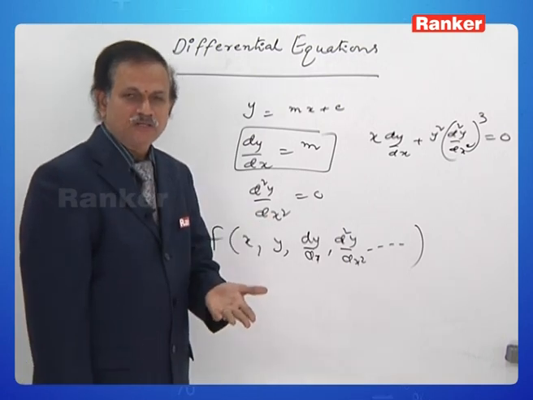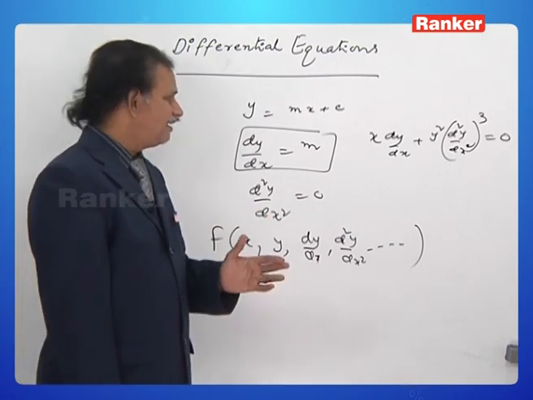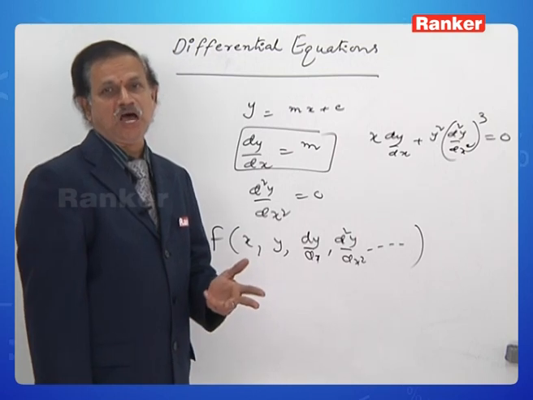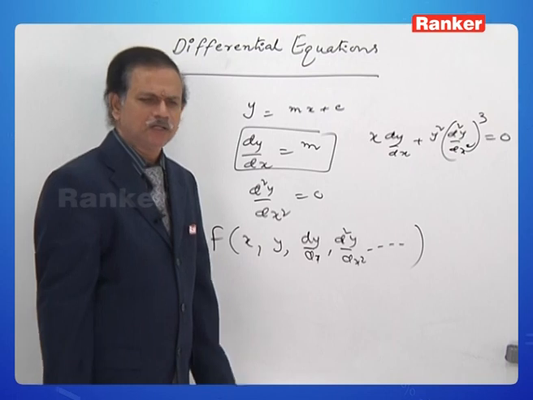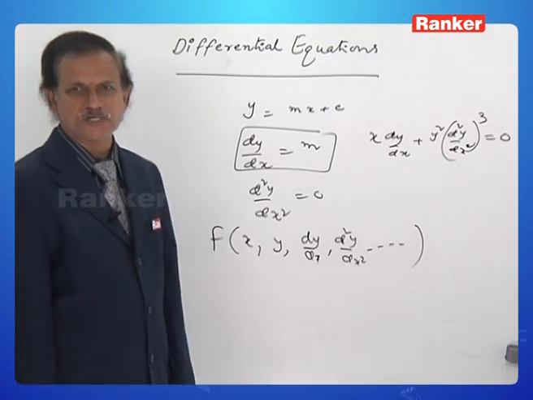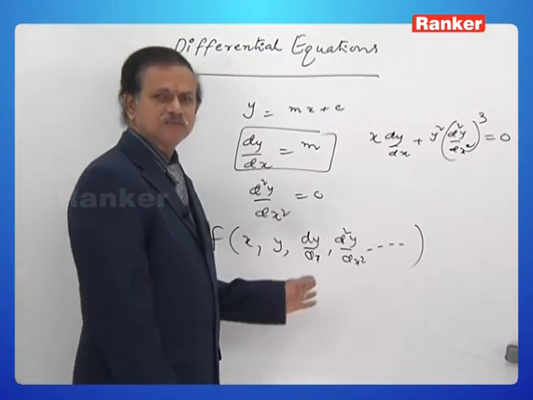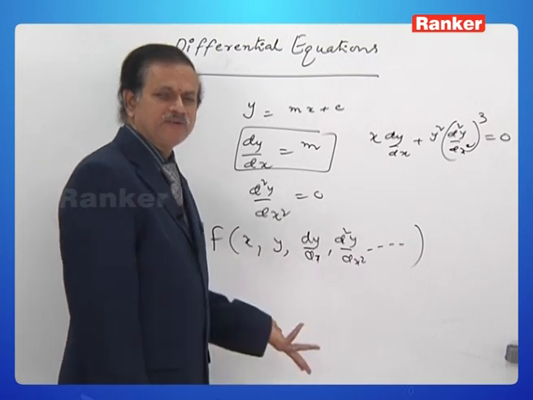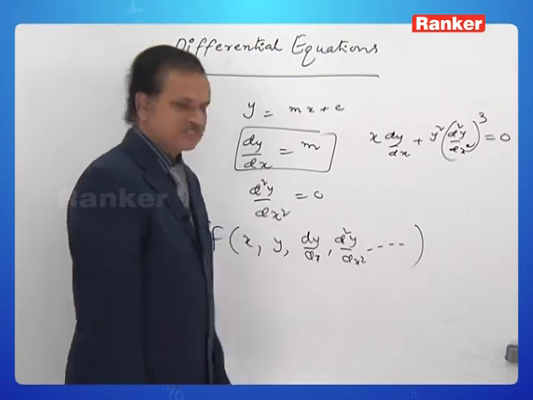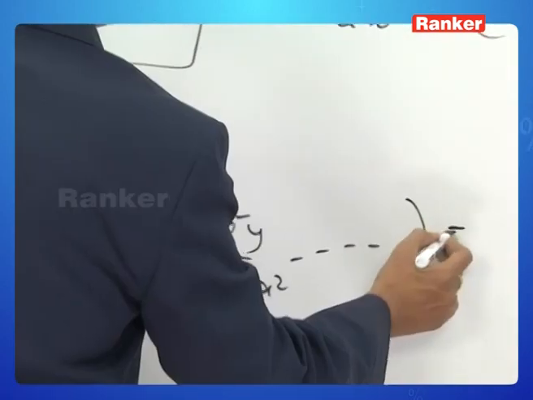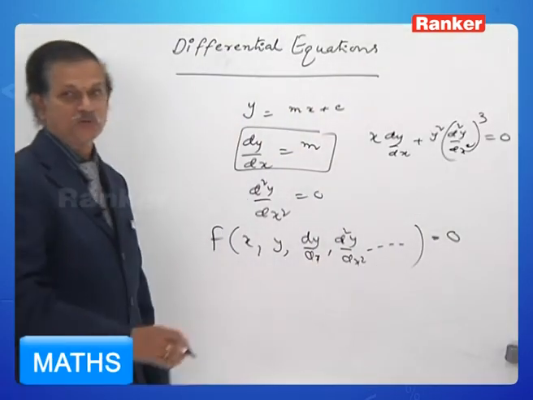That equation in which differentials or differential coefficients are involved is nothing but called a differential equation, in which x, y may be present or may not be present. We are just not bothering about that. Such an equation is termed a differential equation.